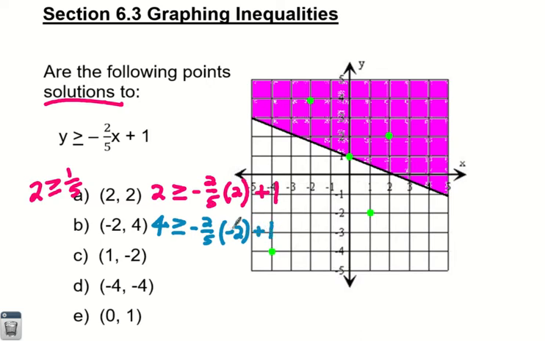So this right here is going to be positive 4/5 plus 1, which is like 1 and 4/5. You know, I don't like mixed numbers, but I know that 4 is greater than or equal to all of this. And so this turns out to be true.